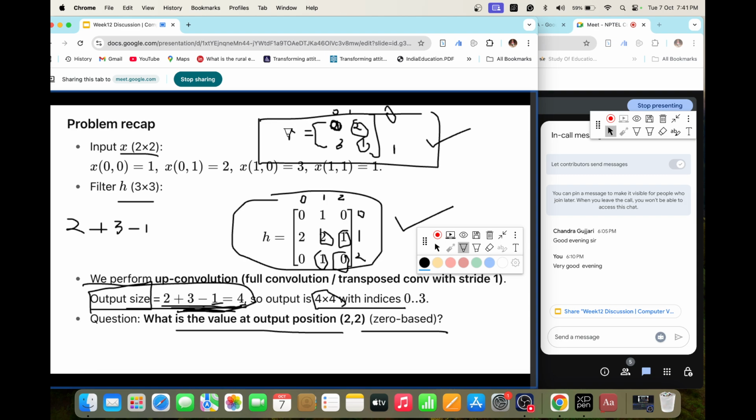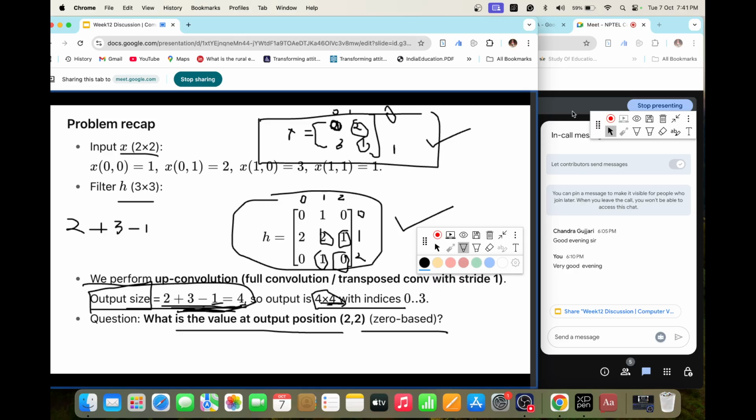For example, the input is indexed 0, 1. So the 2 cross 2 input is indexed 0, 1. The 3 cross 3 filter is indexed 0, 1, 2. And the 4 cross 4 output is indexed 0, 1, 2, 3.